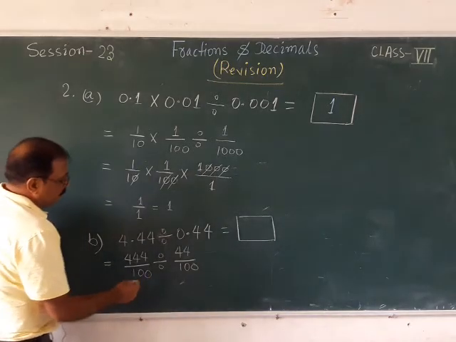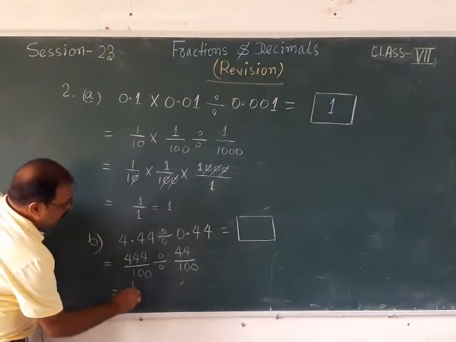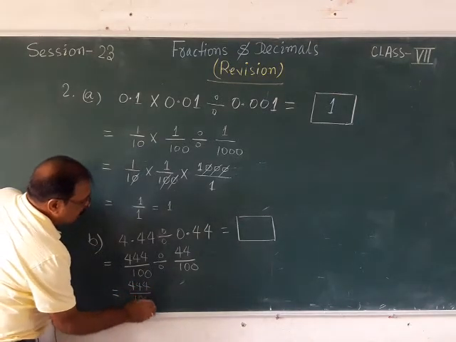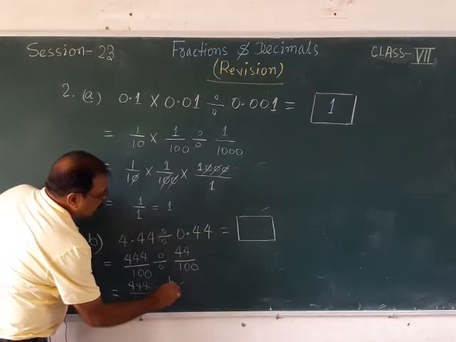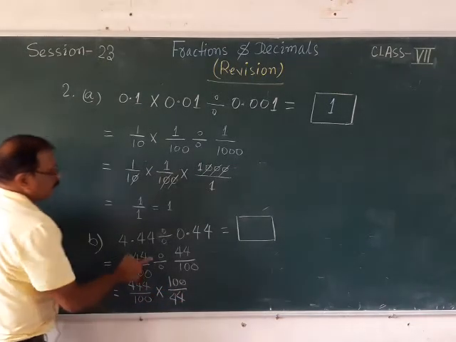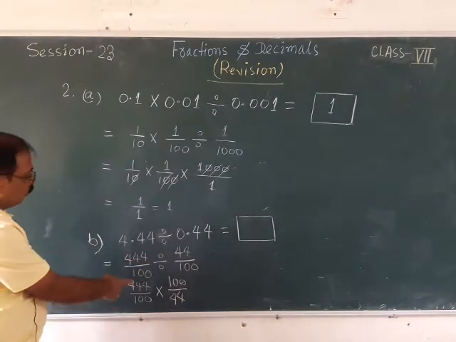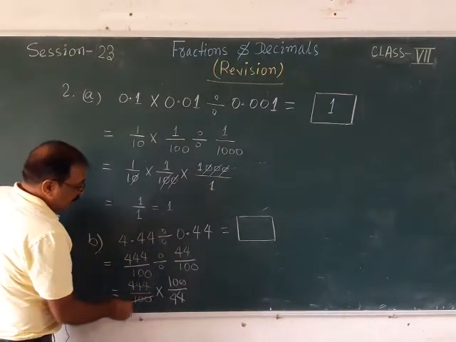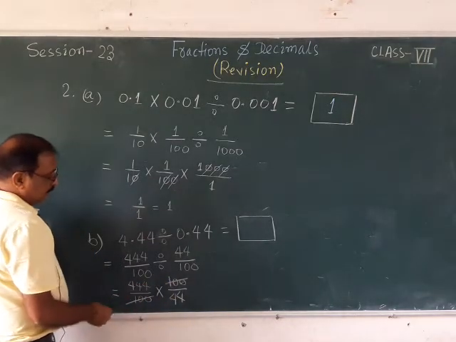What can be done here further? I can write 444 upon 100 multiplied by 100 upon 44. You can see the division sign will change to multiplication sign and the numbers will be like that. This 100 and this 100 will be cancelled.